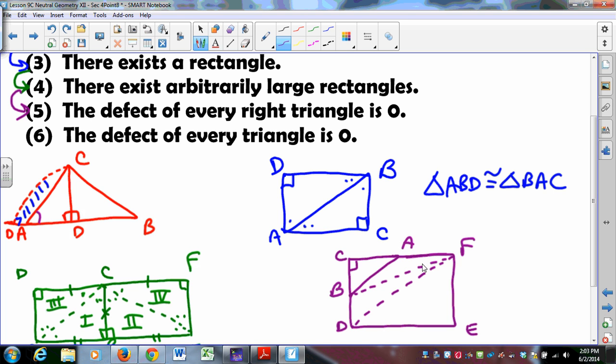And that's super, because triangle CBF is made up of the thing we want and this other thing with defect 0, and so this must have defect 0. So no matter what arbitrary right triangle I come up with, if there are arbitrarily large rectangles, then the defect of that particular right triangle is 0.